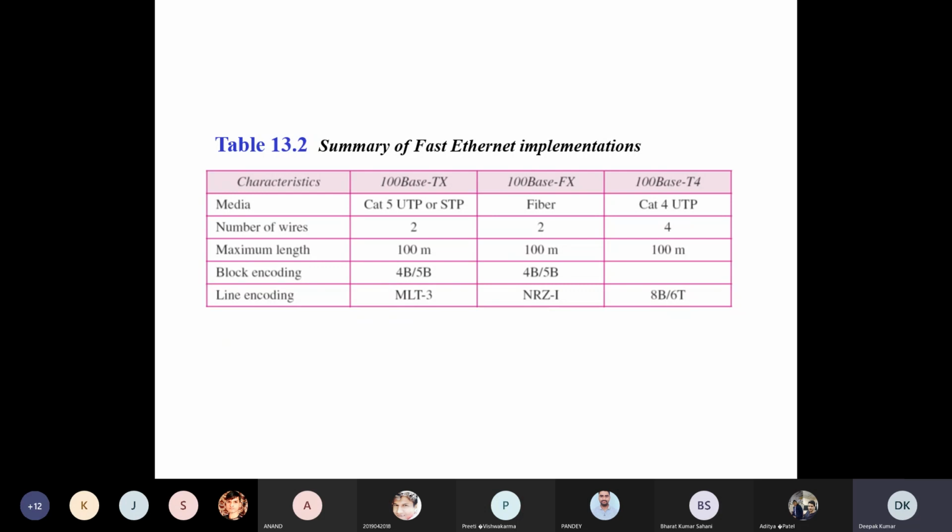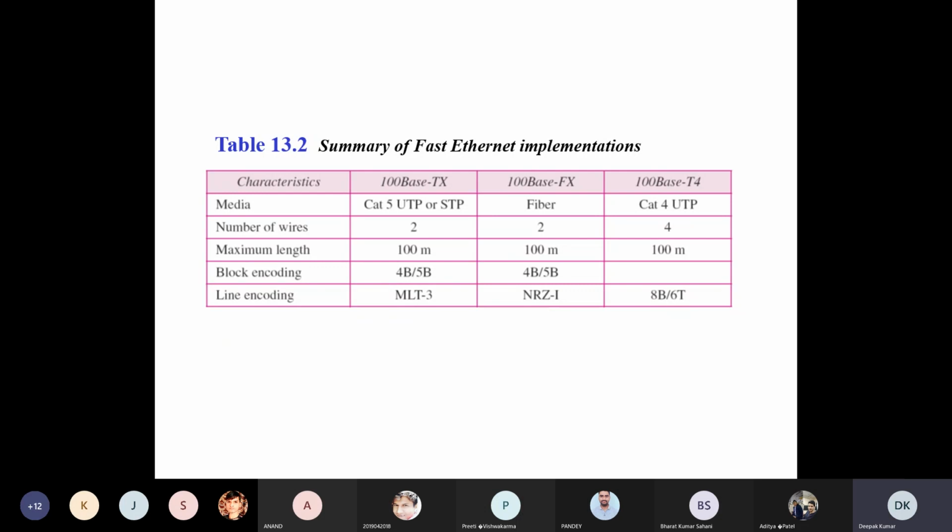The line coding technique is MLT-3 and 8B6T. MLT stands for multi-level transmit. This is one type of line coding. Another is non-return to zero. 8B6T is an 8 to 6 signal.